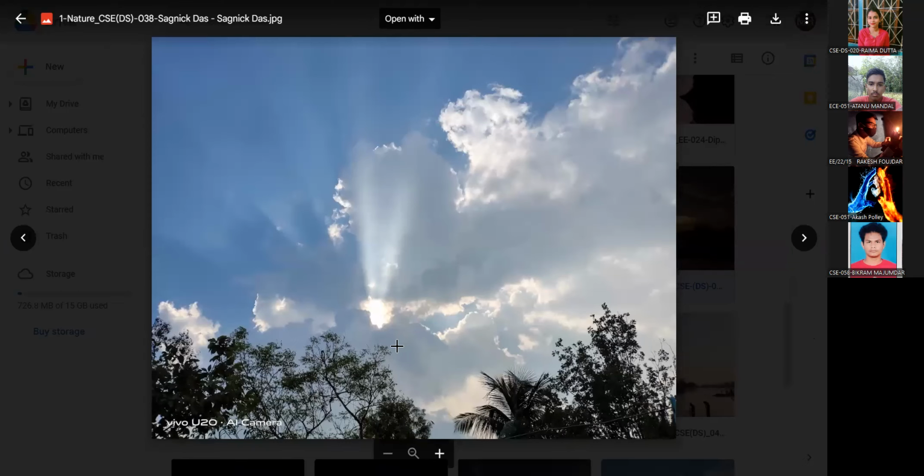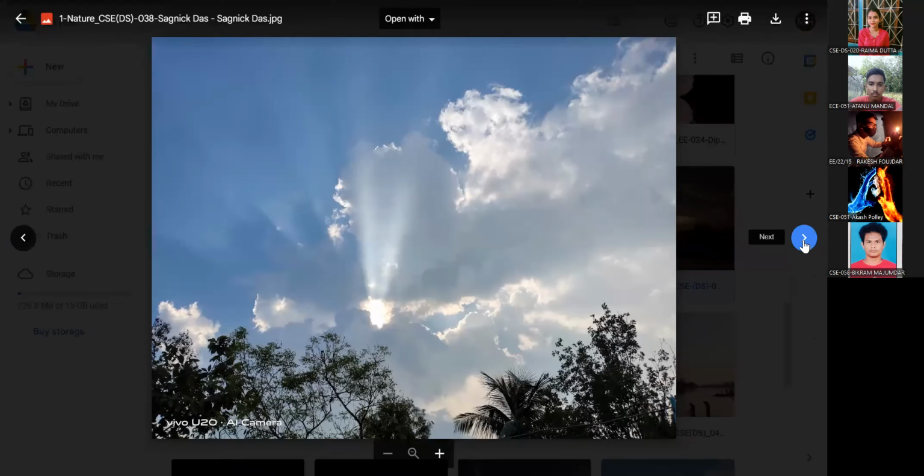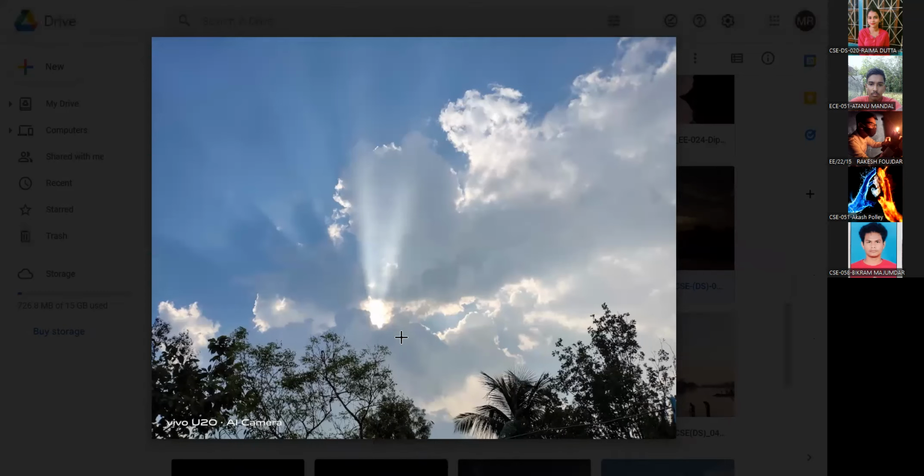Okay. There is another one, hide and seek with the clouds. But if you could reduce the exposure, then the sunrise spikes will be more prominent. Since so much light is allowed in, finally the spikes are gone.